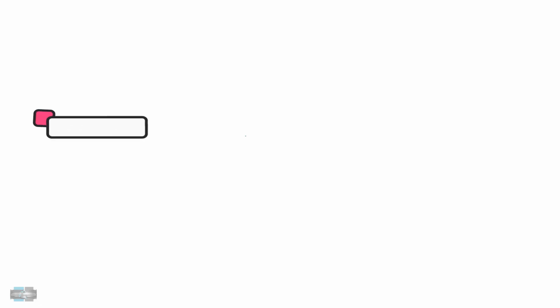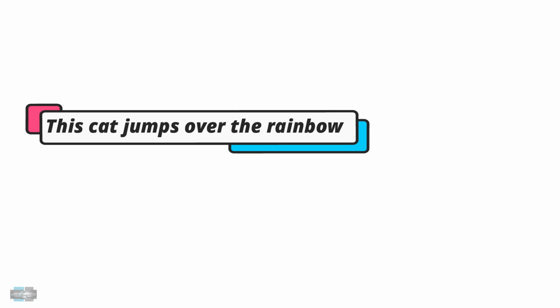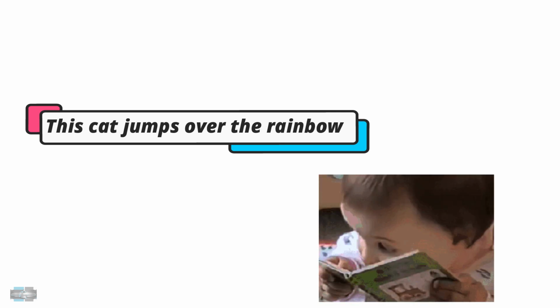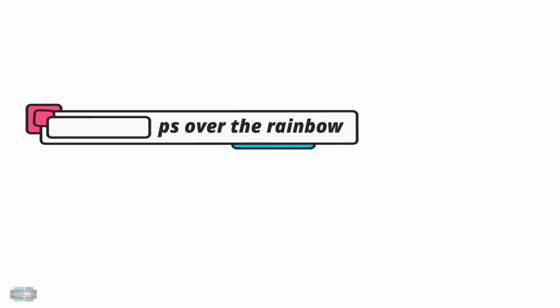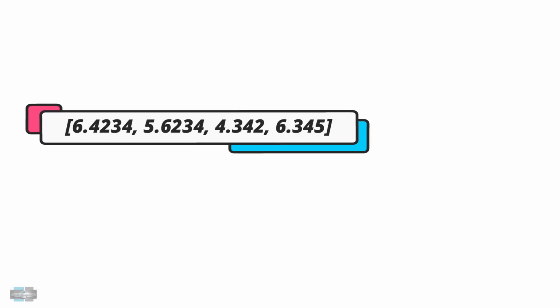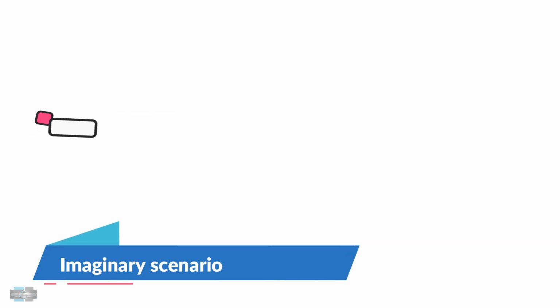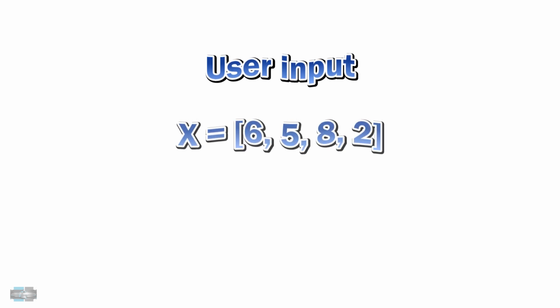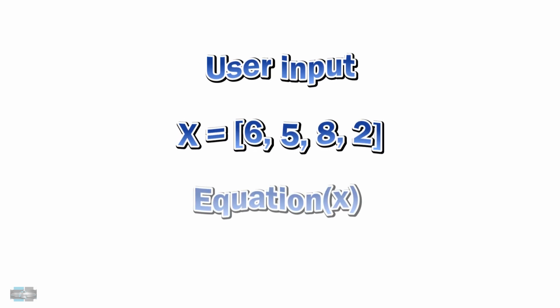This is because when we see a sentence, we look at each individual word and try to understand the meaning of the sentence. But ChatGPT doesn't do that. It sees the whole sentence as a single array of integers. Let's take an imaginary scenario. What could have happened when we queried about mouse? ChatGPT takes the user input, converts it into a tensor, and then puts it into some equation.